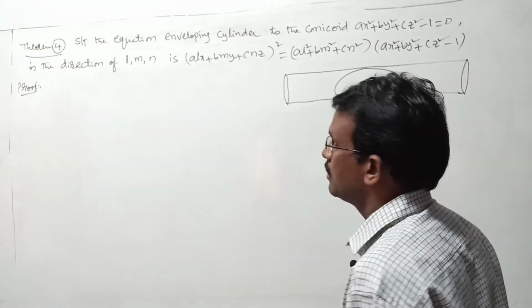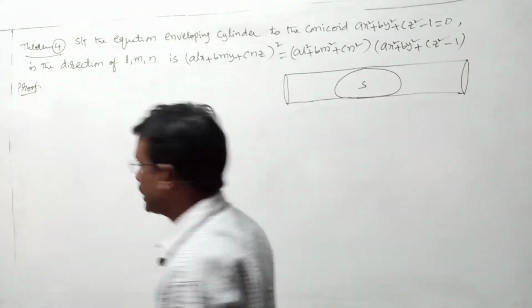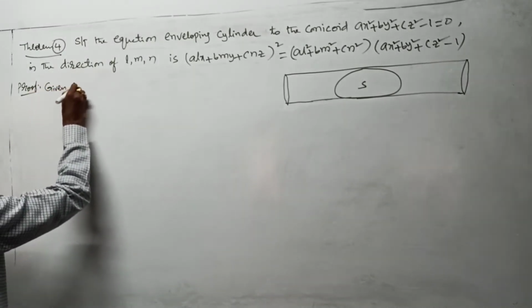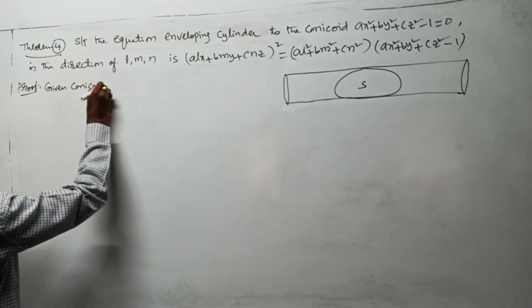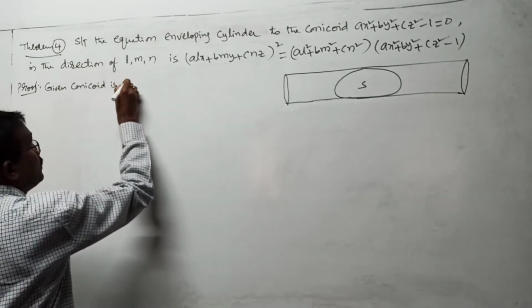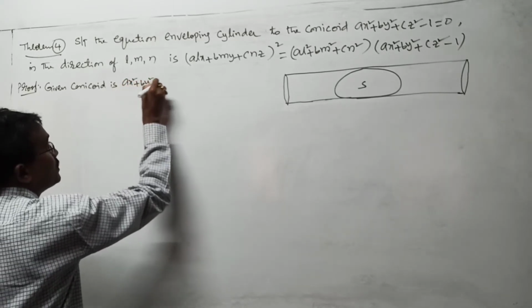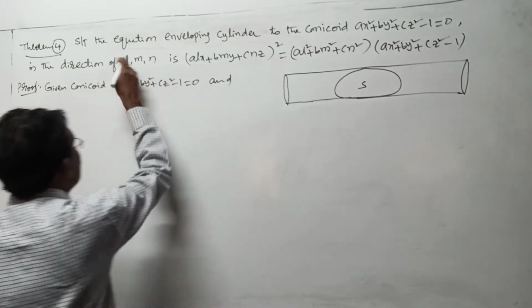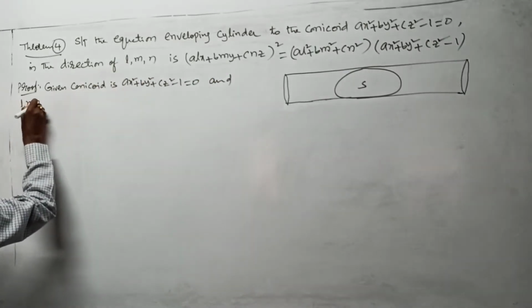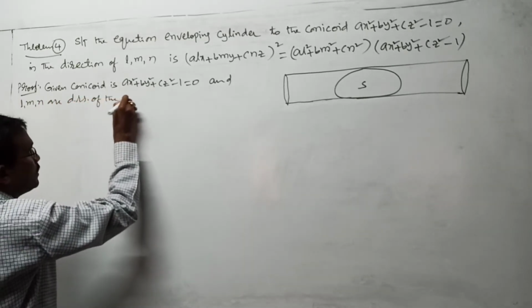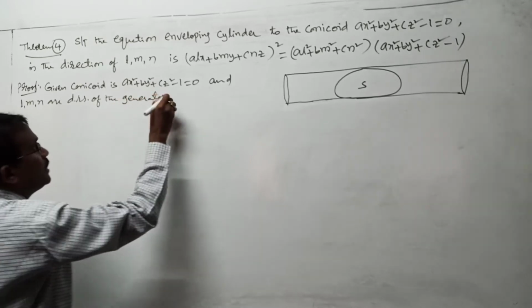First, the given conicoid is ax square plus by square plus cz square minus 1 equal to 0. In the statement, l, m, n are the direction ratios of the generator of the cylinder.